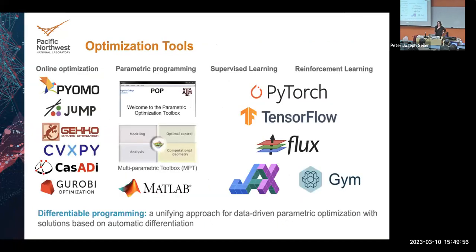Okay, so what are the tools that we are using? So as I showed before, these are the typical classes of problems. So you have online optimization, parametric programming. So what I was alluding to is that we will take some of these tools from machine learning and incorporate them in this framework of parametric programming.